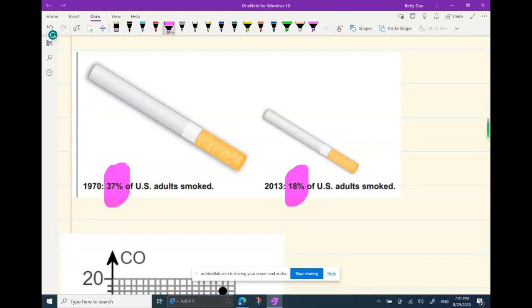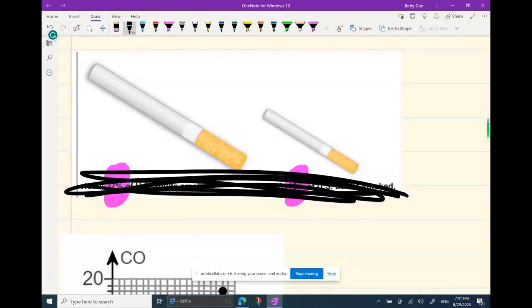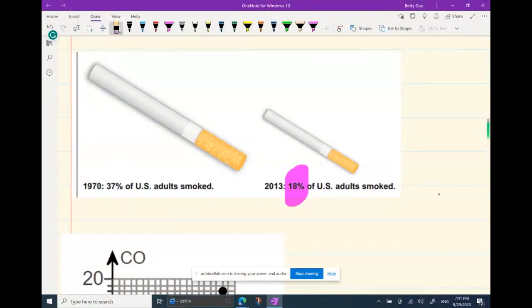in the 70s, yes, more people smoked, but the percentage is only a little bit more than twice 18%. Twice 18% is 36%, and 37% is just a little over double. However, if you do not have that information and you only have the two cigarettes, what would you feel?